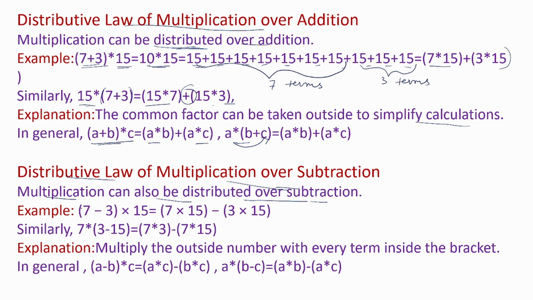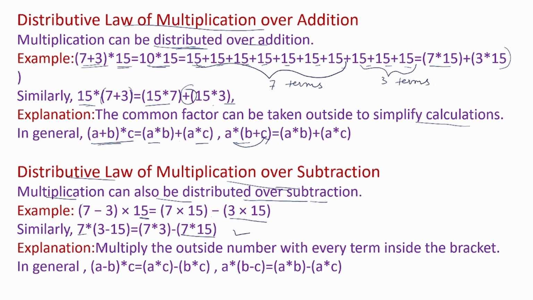Here, see that (7 - 3) multiplied by 15 means 7 multiplied by 15 minus 3 multiplied by 15. Similarly, 7 multiplied by (3 - 15) is equal to 7 multiplied by 3 minus 7 multiplied by 15.